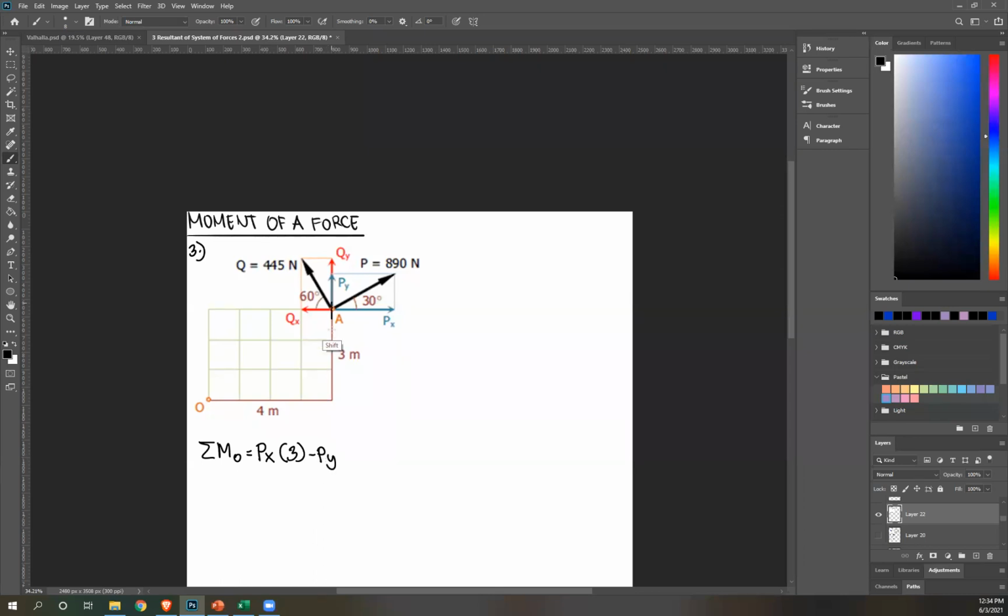Once again, extend its line of action, and then this is the perpendicular distance equal to 4. So times 4. Next, let's move on to Qx. This is Qx, rotated about O. That's once again counterclockwise. So negative Qx. Perpendicular distance, extending the line of action, that's equal to 3. So times 3. And then lastly, Qy, this is your Qy, rotated about O again. That's once again counterclockwise. Qy, perpendicular distance, extending this line of action, that's 4.